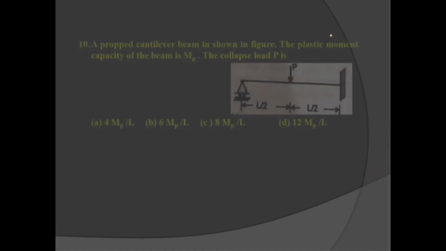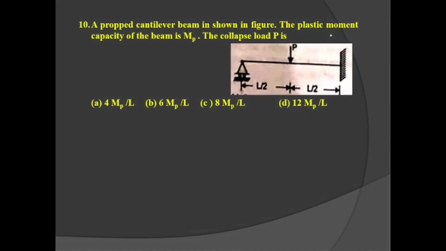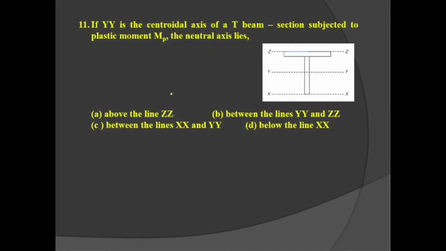Now question number 10. For a propped cantilever beam, the same question is repeated, 6 MP by L. Actually this unit has the highest weightage, that's why I have typed all the questions of plastic analysis. For a T beam subjected to plastic moment, the neutral axis always lies in between the ZZ and YY axis.